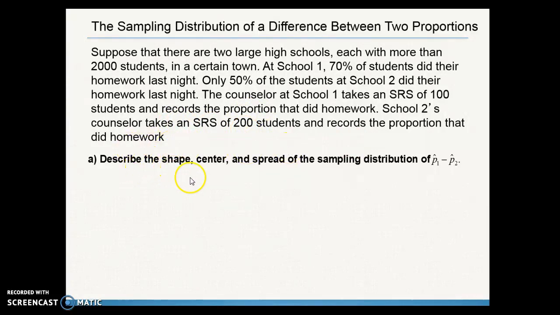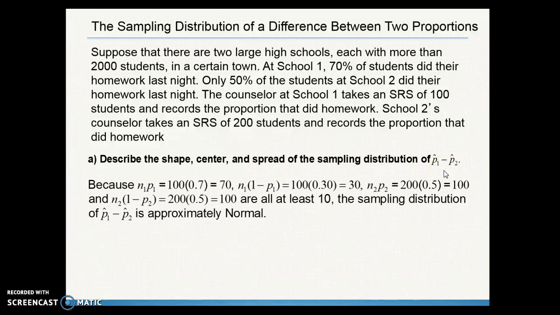So we're going to describe the shape, the center, and spread of the sampling distribution of p hat 1 minus p hat 2. When you do this, remember the shape is the normal distribution, the center is the mean of subtracting the two, and the spread is the standard deviation. How can I tell if it's normal?